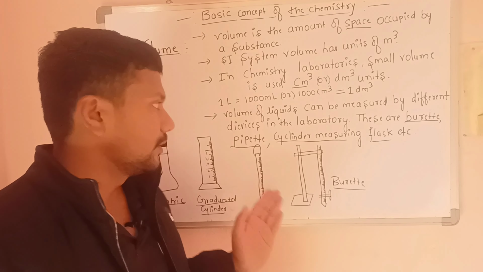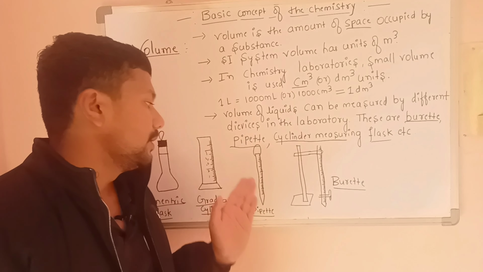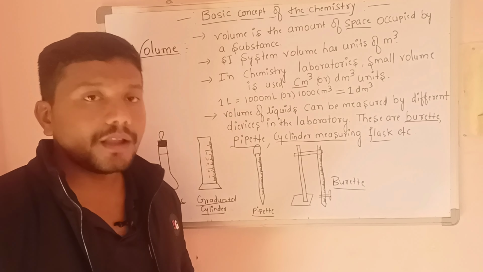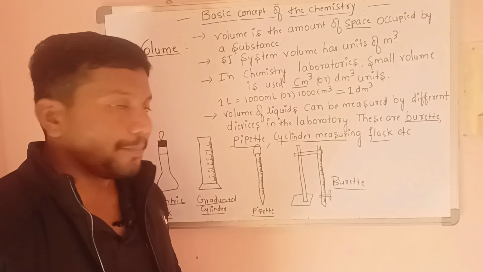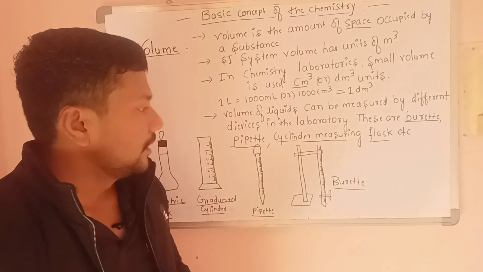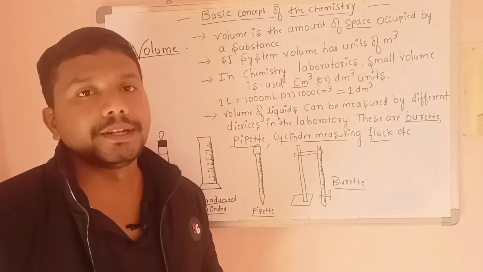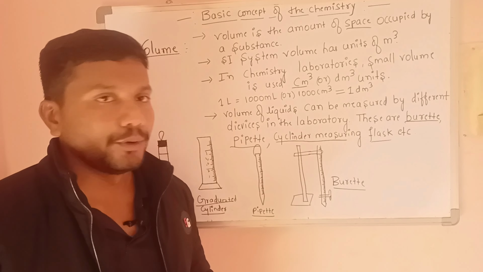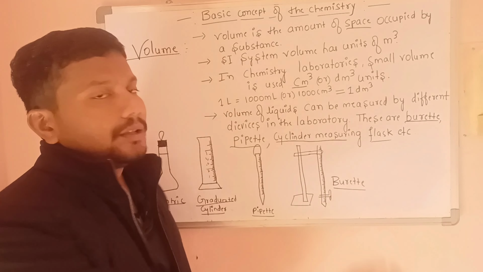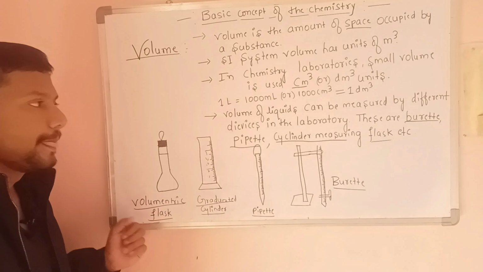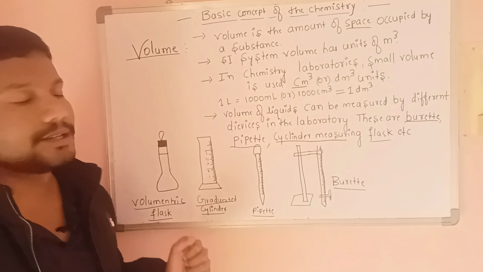This is also a laboratory instrument which we use in the labs for pipetting solutions. And one more is the burette. Whenever we do a titration, we use a burette. Many times we fill it with KMnO4 solution. So these are the laboratory instruments used to measure volumes.